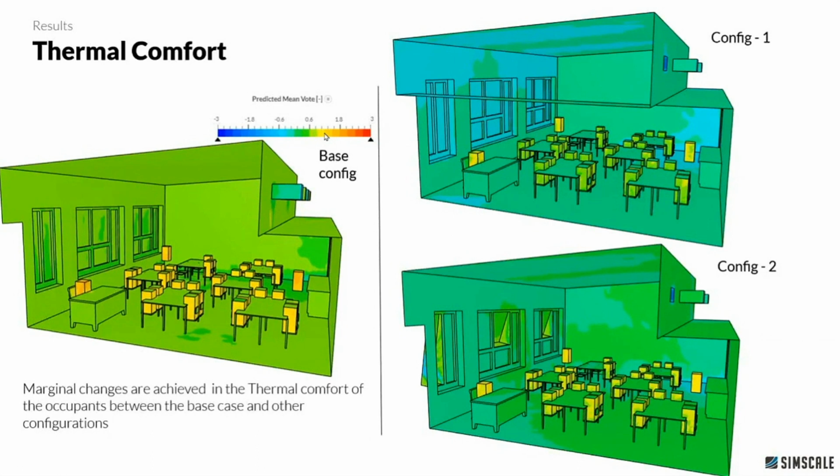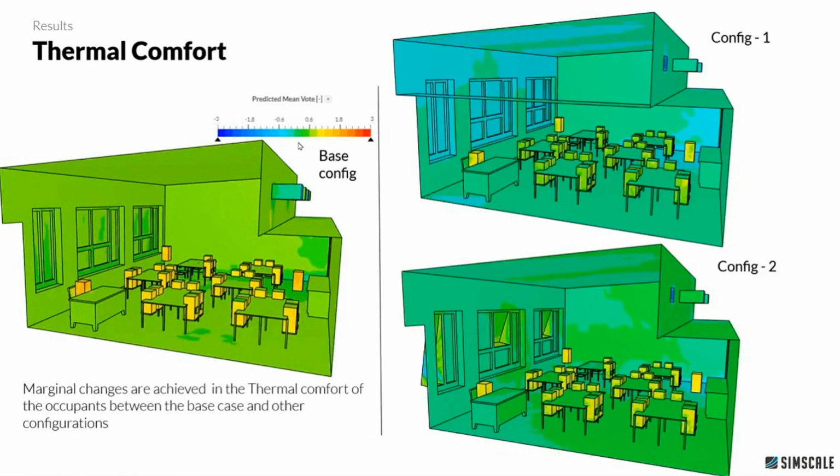And this is a little bit optimized for configurations 1 and 2, where you can already see the occupants are in green, which means they are near the neutral region of the thermal comfort parameters. Once again, if you remember, all these optimizations are done keeping in mind that the thermal comfort is not affected much.